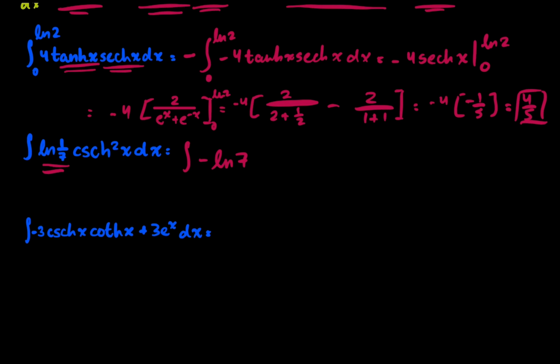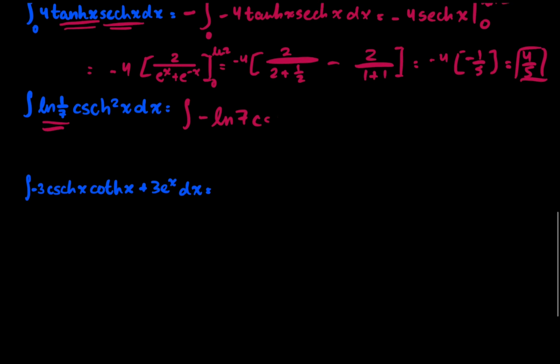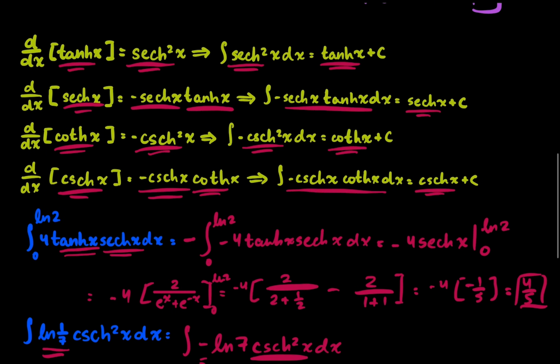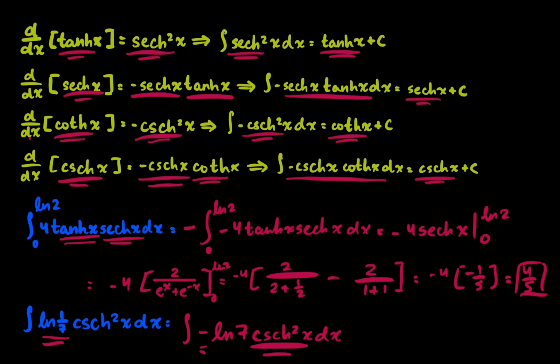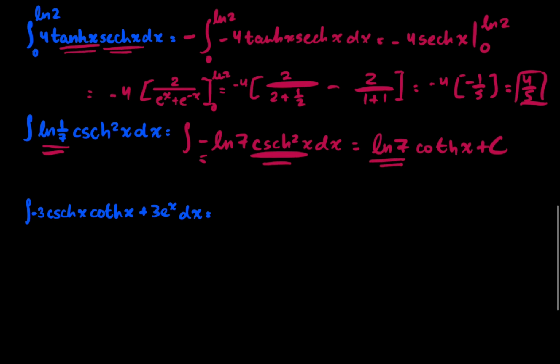Then here we have csch squared of x dx, and with the negative sign, we know that's the derivative of coth x. So this becomes natural log of 7 times coth x plus c, of course, because it's an indefinite integral. This natural log of 7 is just a scalar, so we don't have to think about it. That will be our final answer.